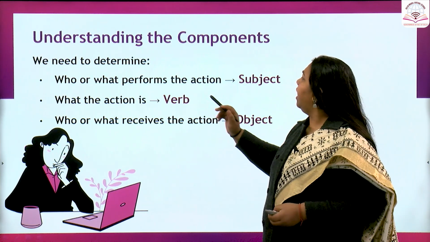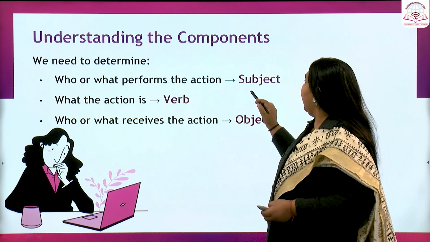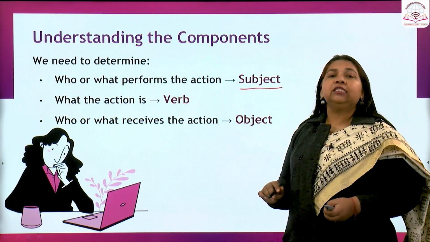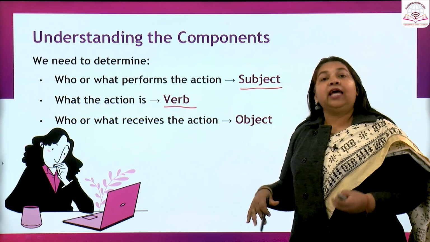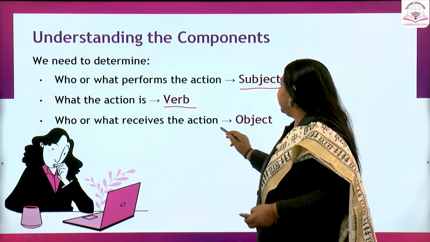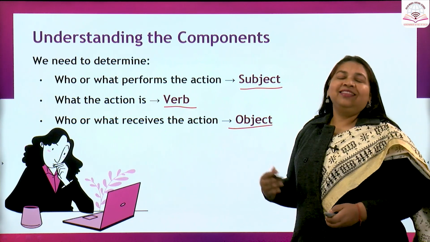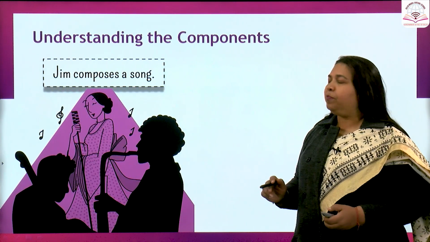So first we have to determine who or what performs the action. That is the subject, and what the action is, that is the verb, and then who or what receives the action, that is the object.